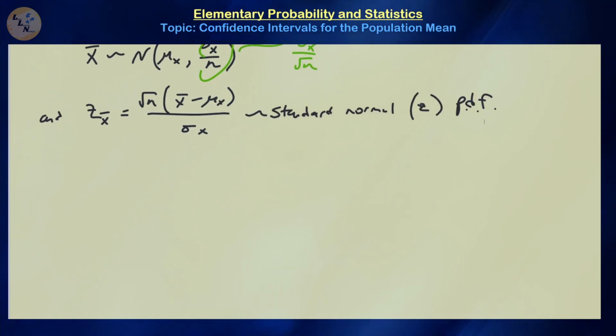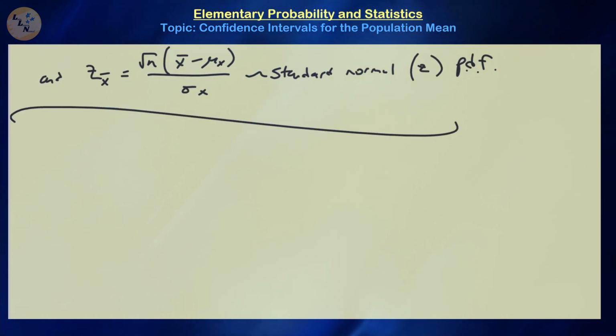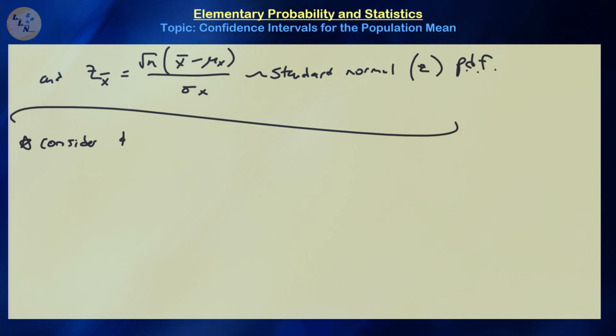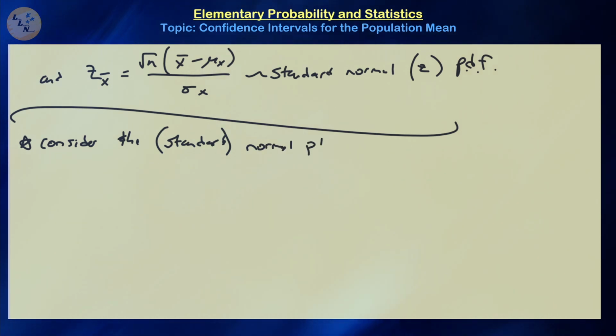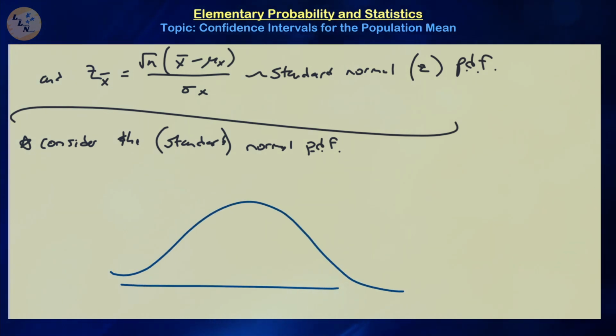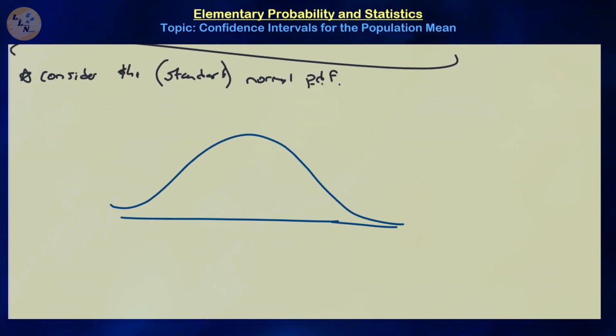So let's look at a picture to build how this is going to lead into the confidence interval approach. Consider the standard normal, or just in general the normal probability density function. We already know that this distribution is a bell-shaped curve, and if this is associated to the random variable x bar, then the sample mean has this type of distribution.